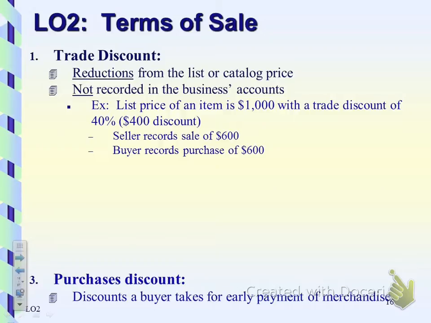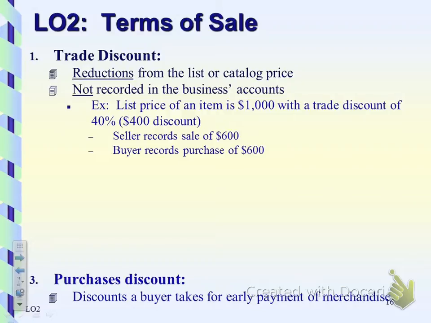But because maybe I'm a high volume buyer and I'm going to buy a lot of them, they'll let me buy it for less than the list price. Maybe they'll let me buy it for $4 a box, okay? That list price versus what I buy it at, I don't record that difference. That's just the contractual difference, okay? I record my price at $4, okay?